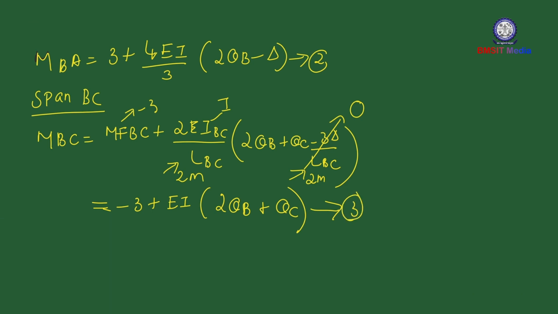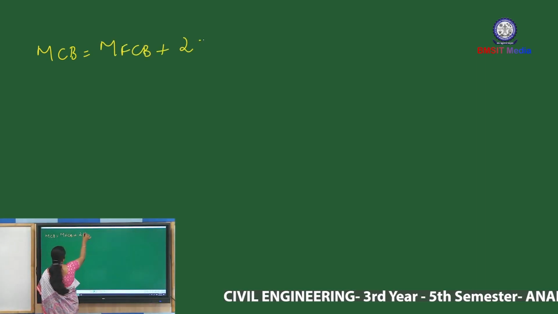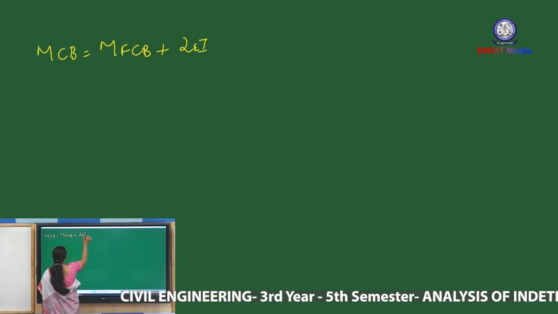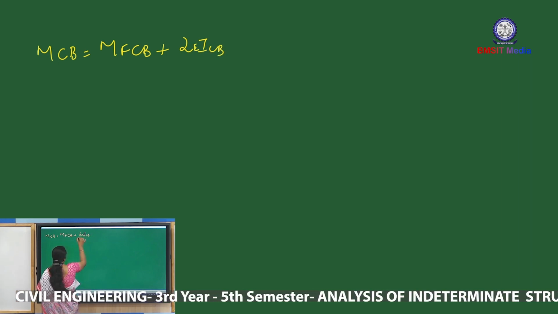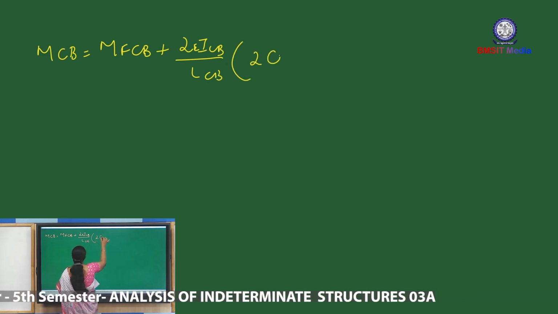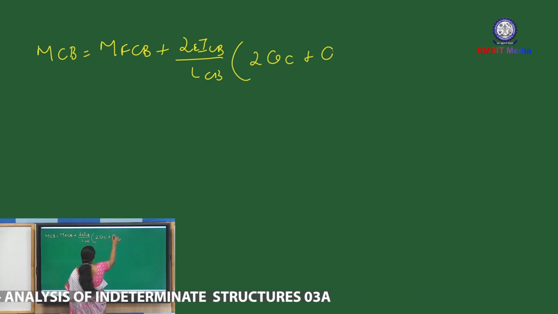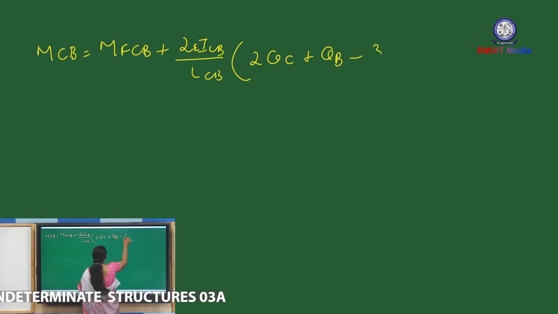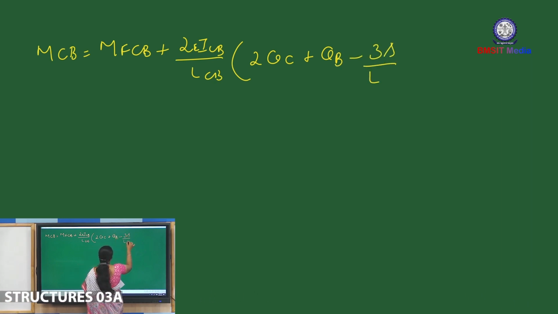So now write down another equation for the span BC, that is MCB, M of CB plus 2EI CB divided by LCB, 2 theta C plus theta B minus 3 delta divided by LCB.